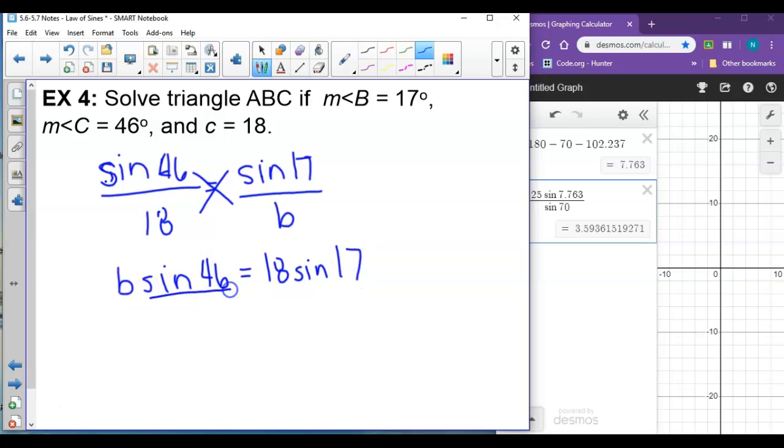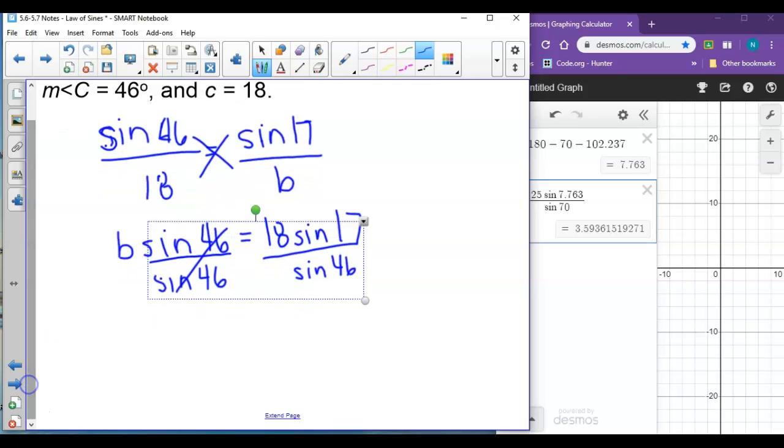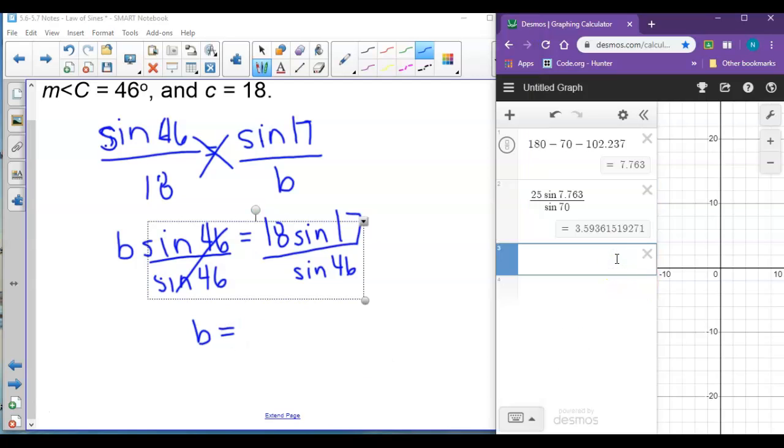And so I will divide by sine 46 on both sides. And when I do that, I'm going to have b equals, and I'll type that in, 18 sine 17 divided by sine 46. It's going to give me 7.316.